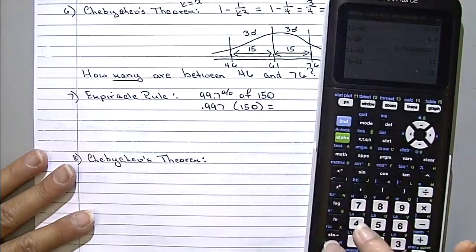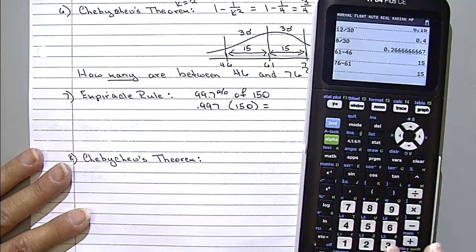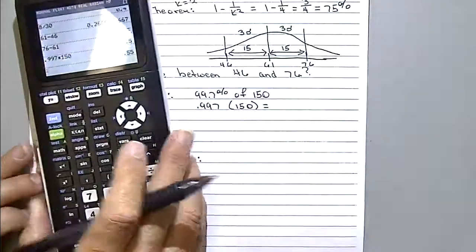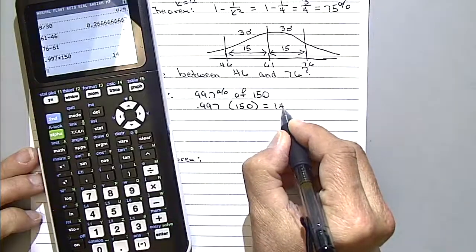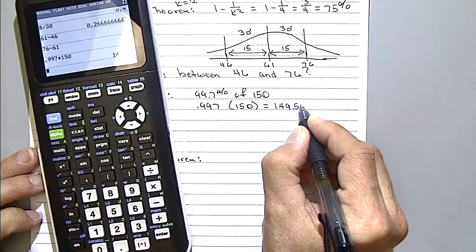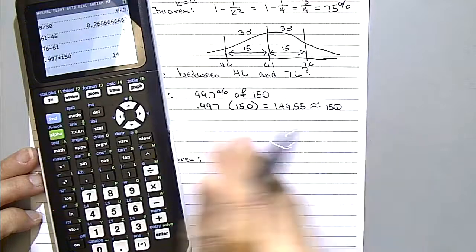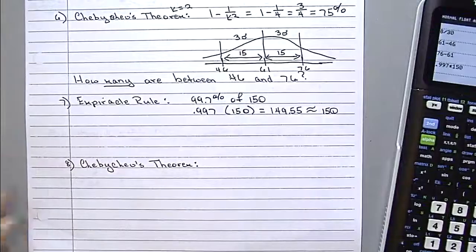I don't know what I was thinking last night because I did it with 2 for some reason. I got 149.55. So we'd probably go to 150, wouldn't we? Because we're asking how many data items.